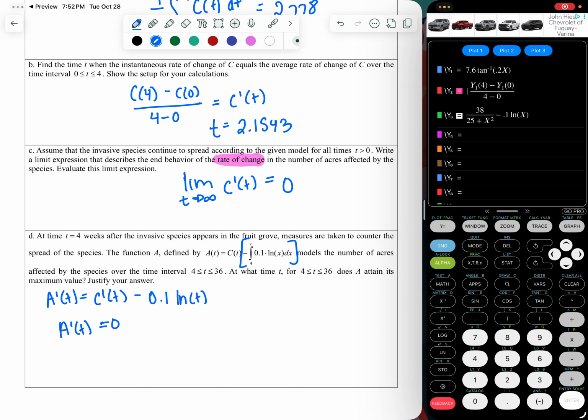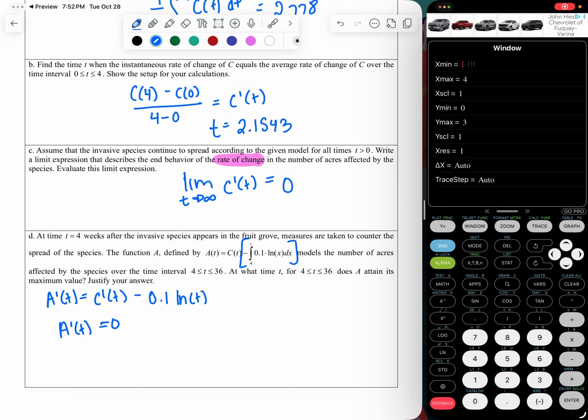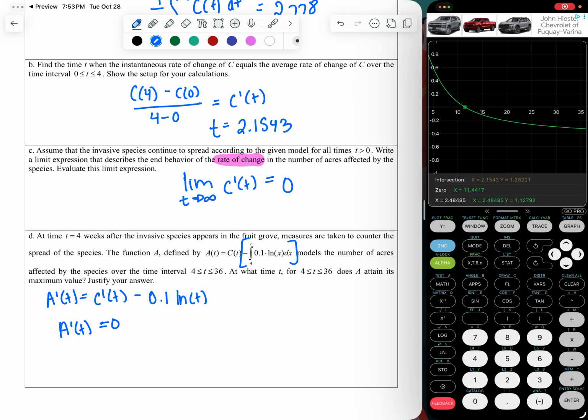Maybe I need A of t, but I'll do that later. I'm going to focus on finding the 0 here. This is from 4 to 36, and since I'm finding my 0, I'm going to change my y min and y max to be from -1 to 1. Okay. Now this, they already did it for me, but your calculator probably will not. So on your calculator, do second trace, find your zeros, you'll get 11.441.